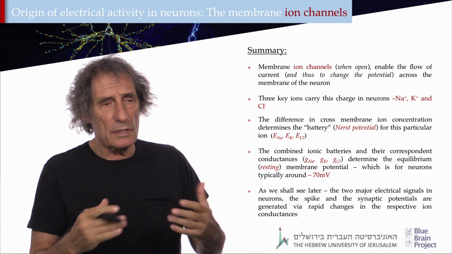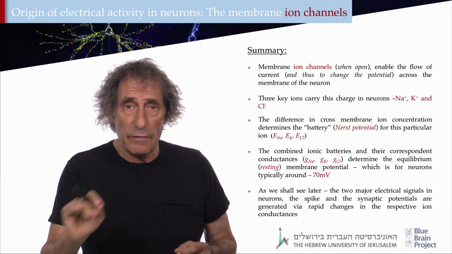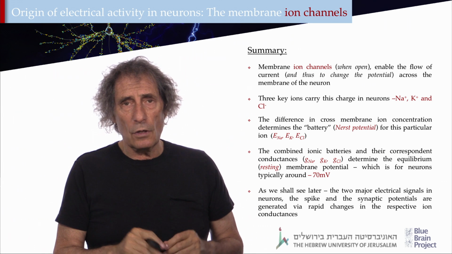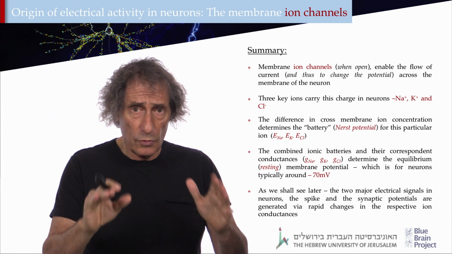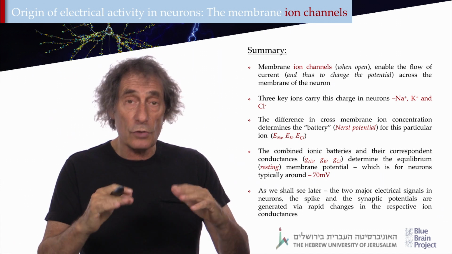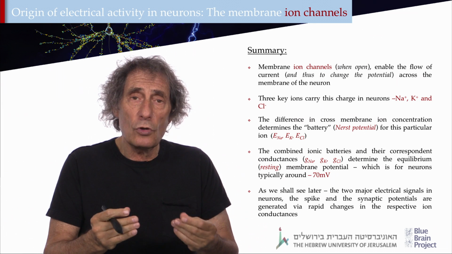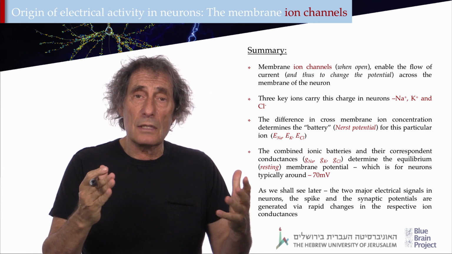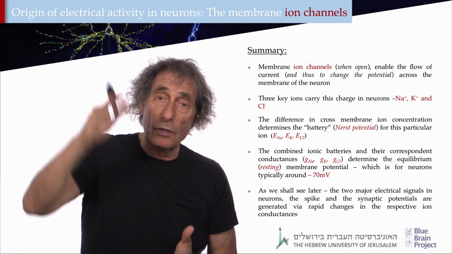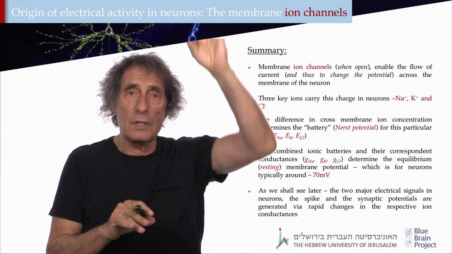And also, we shall see later, as I just mentioned at the end, that every fast electrical activity, like the spike and the synaptic potentials, is the result of changing the three conductances that I mentioned. A fast change in the conductance will change the balance, the contribution of the different batteries. For example, if the sodium conductance, GNa, suddenly becomes big, with many ion channels open for sodium, then its battery will become dominant and the potential will move to something more positive.